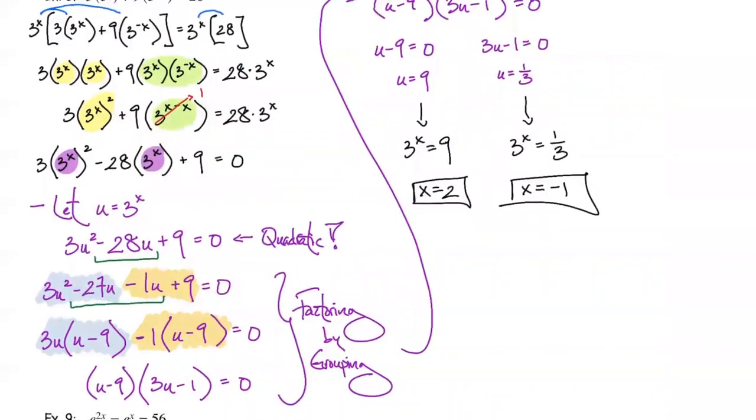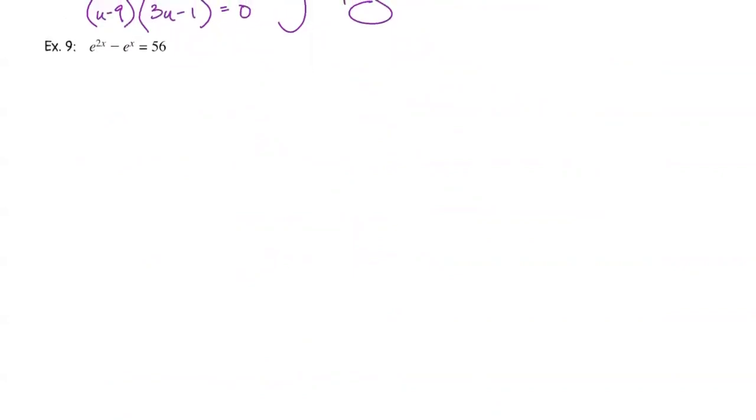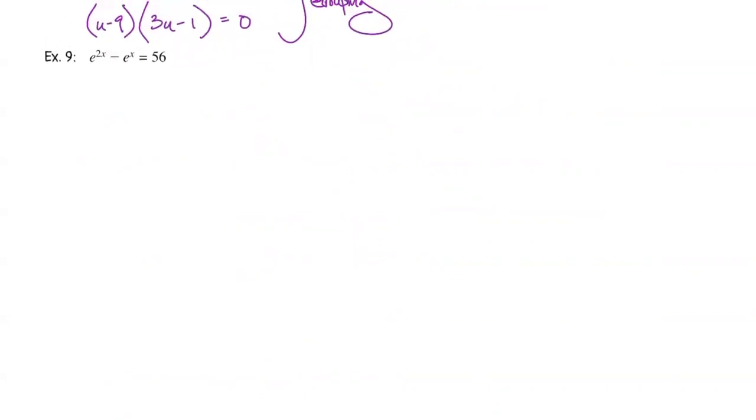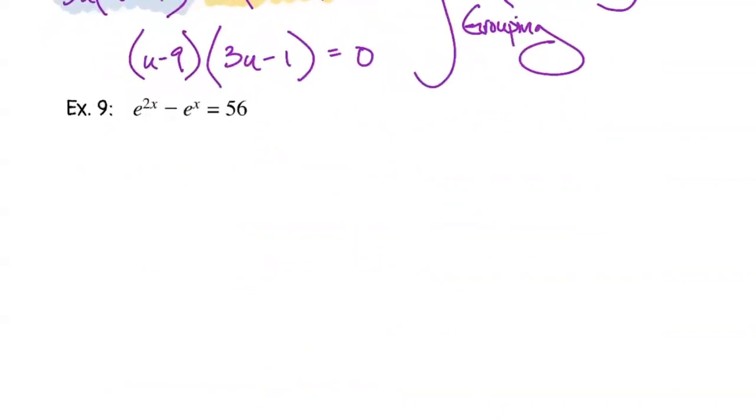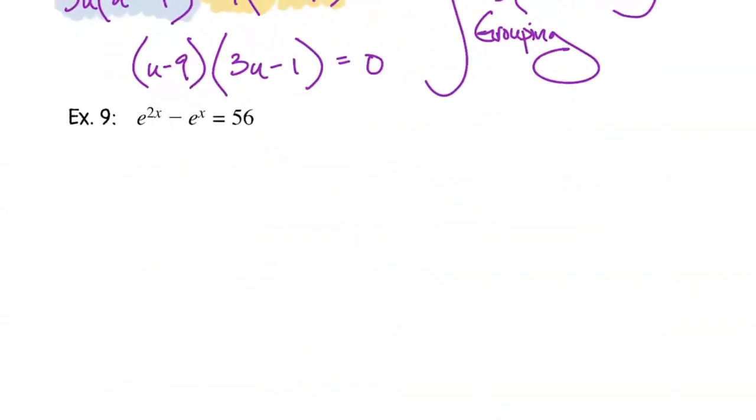So let's go ahead and try our hand at example number 9. Even though example number 9 has an e in it, and maybe we think that's going to be even harder than example number 8, this one actually has far less pre-work. Here's what I mean by that.